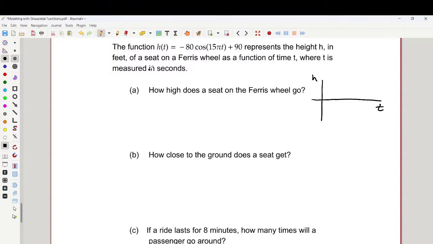Before I just throw that right there, I want to think about this. Is there a phase shift? So I'm looking inside here and I'm wondering, is there any shifts going on here? Nope. And before I just throw a negative 80 right here, since there's no shifts, I got to pay attention to this midline of 90.